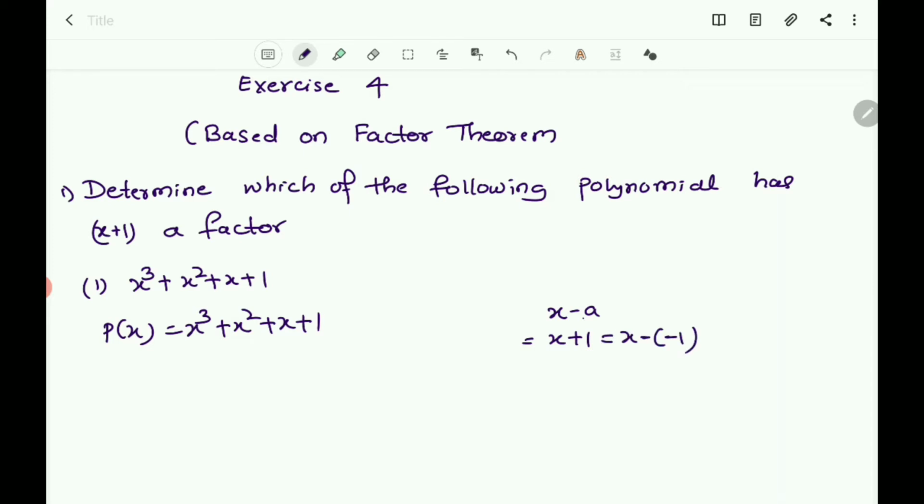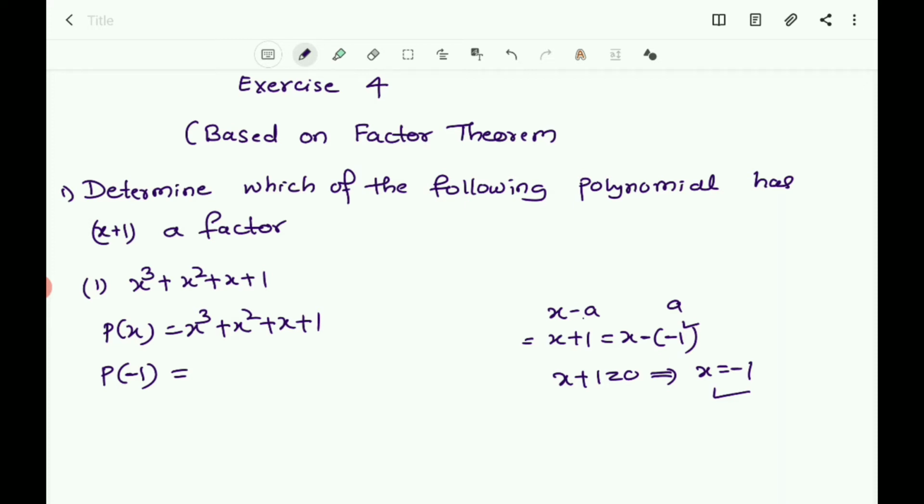In the place of a there is minus 1. So in other words x plus 1 is equal to 0 implies x is equal to minus 1. In the place of x, you have to put x equals minus 1, that is you have to find out p of minus 1. If p of minus 1 is 0, then you can say that x plus 1 is a factor of the given polynomial x cube plus x square plus x plus 1.